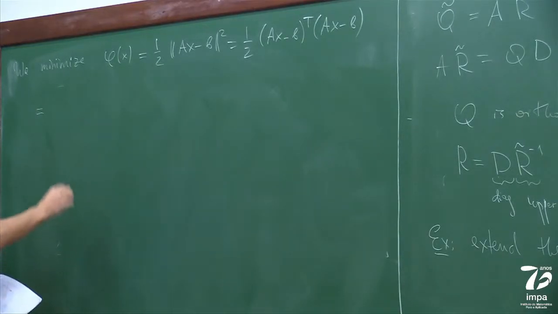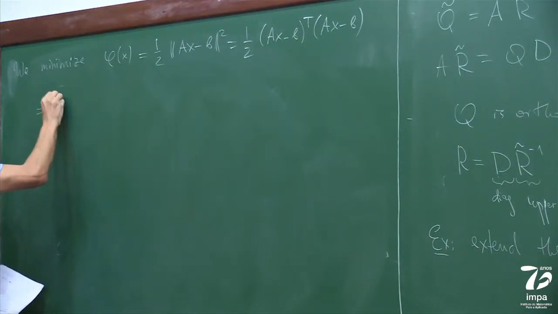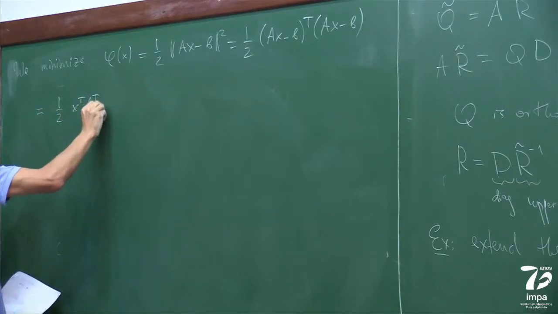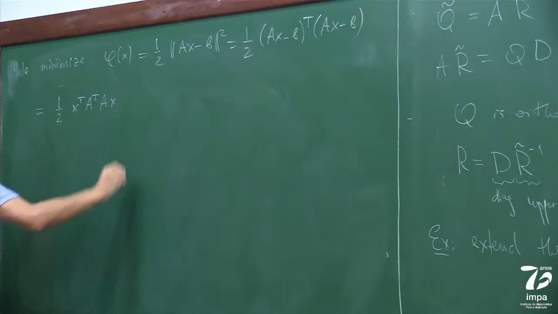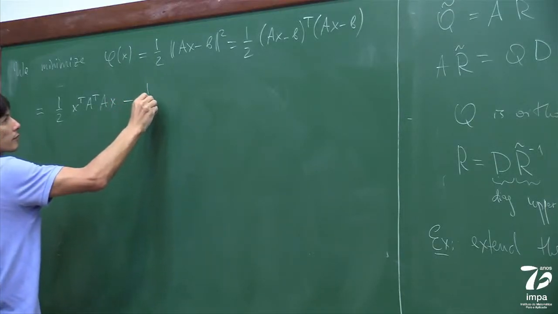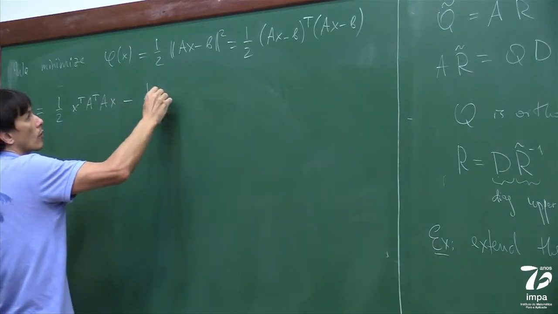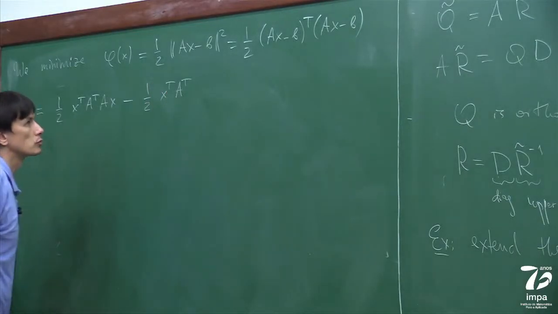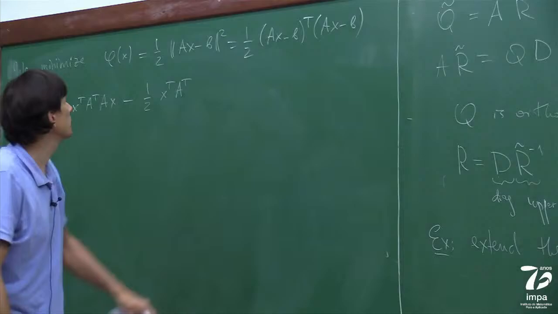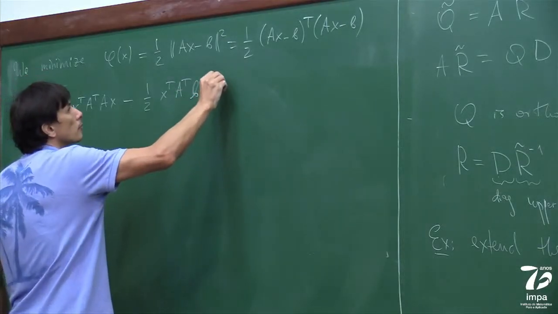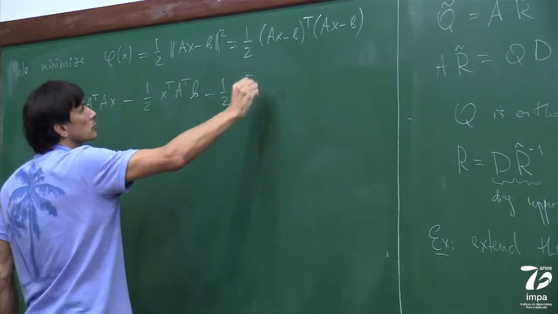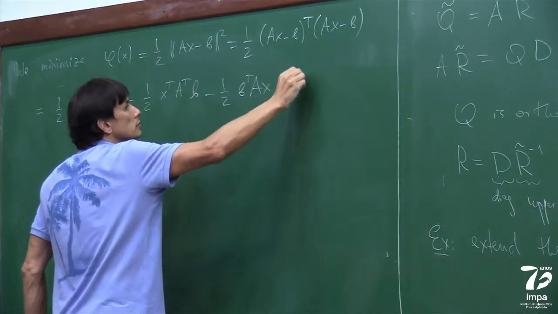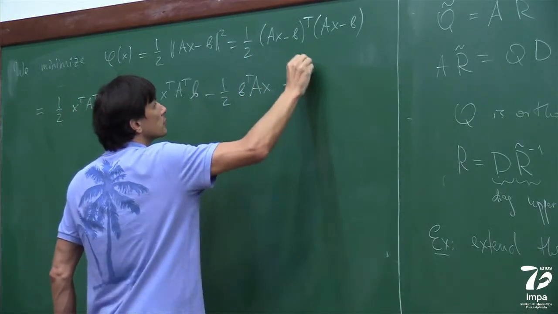And now we just take the product. The first term will be 1/2 x transpose A transpose AX, minus 1/2 x transpose A transpose B, minus 1/2 B transpose AX, plus 1/2 B transpose B, the norm.